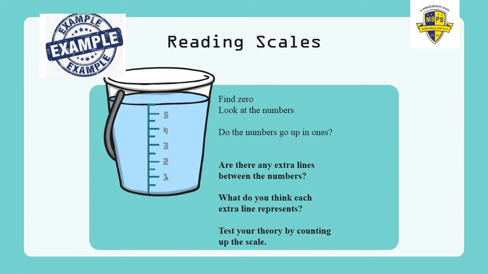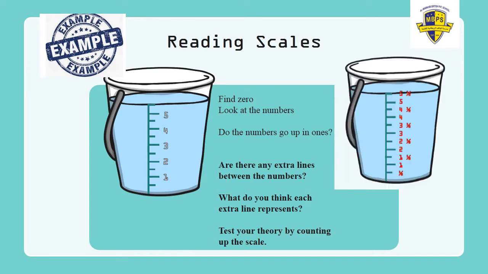So let's count 0, then the small one, this is half, 1, 1 and a half, 2, 2 and a half, 3, 3 and a half, 4, 4 and a half, 5, then 5 and a half. So here, how many liters of water do we have? We have 5.5 liters. Excellent.